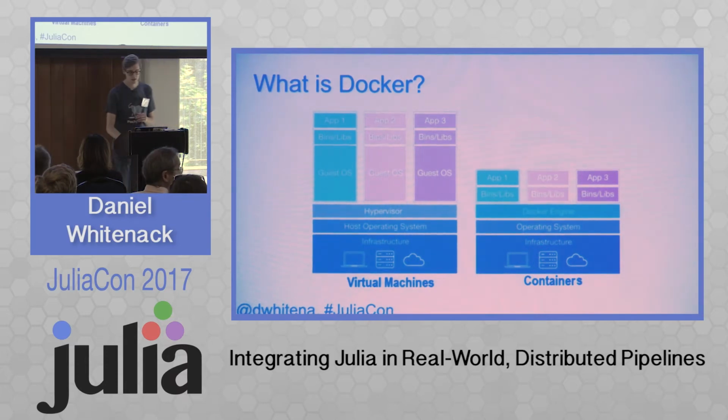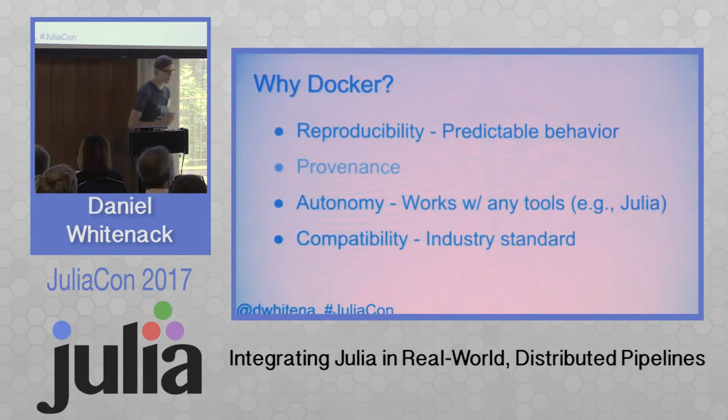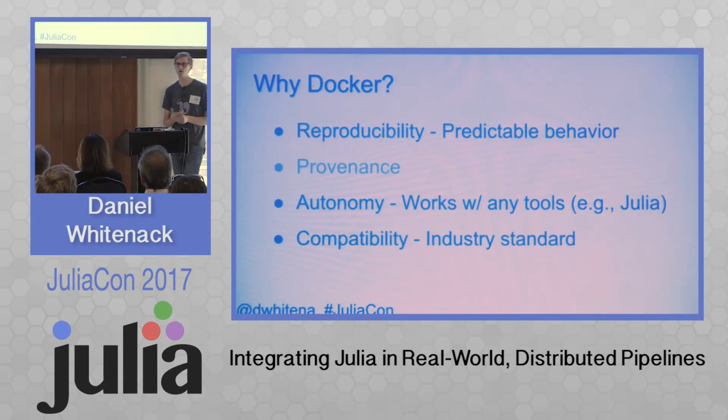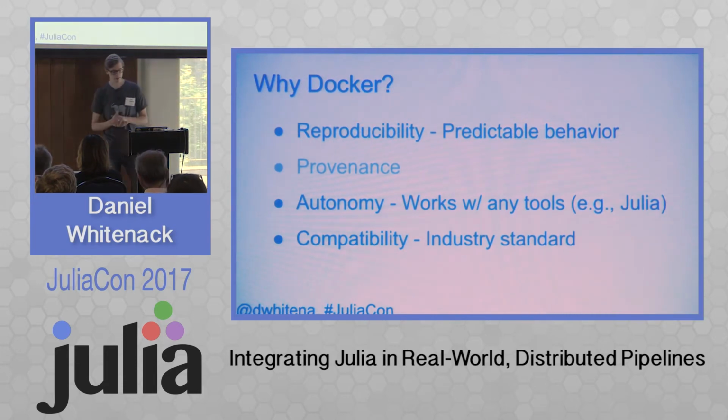So are there any questions about that? Okay. So again, just to reiterate, this gets to the goals we're talking about: predictable behavior of Dockerizing our Julia application and then it having similar behavior in the environment that we're running it in. Also, we can put anything in a Docker container. We can run a bash script, we can run Spark, we can run a database, we can run Julia. So it also gives us that element of autonomy.